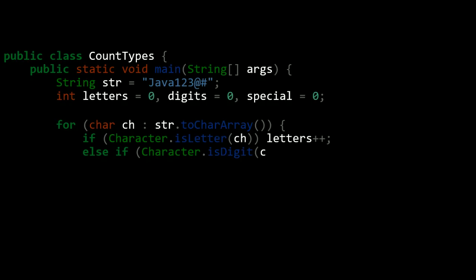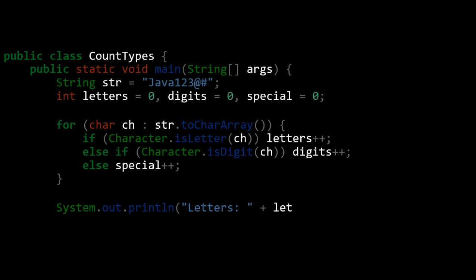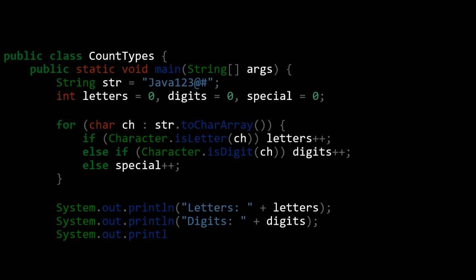And here are your library functions, isLetter, isDigit, and otherwise the special one. And here is your printing for writing the final output. And definitely this will give you a very simple solution that will help.